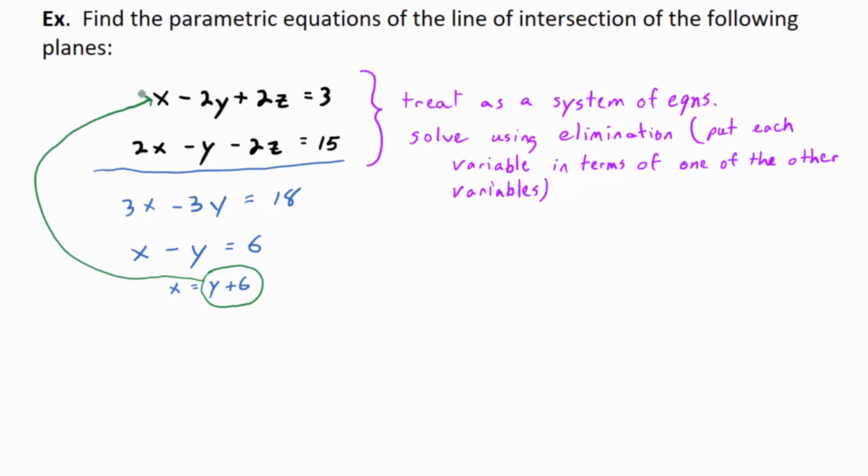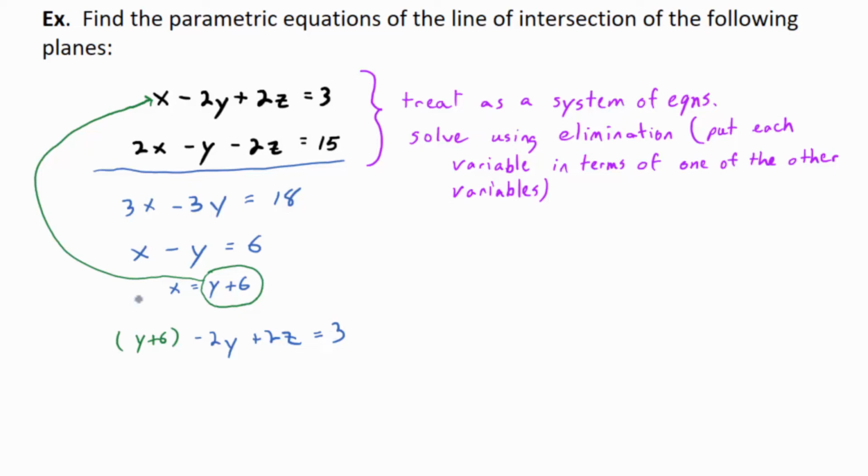Now, that's going to leave me with two variables, y and z, but then I can solve for z to get z in terms of y also. So you may not understand why I'm doing this yet, but hopefully you understand what I'm doing to get everything in terms of one variable, right? So if I plug in y plus 6 into the first equation, I get y plus 6 minus 2y plus 2z equals 3.